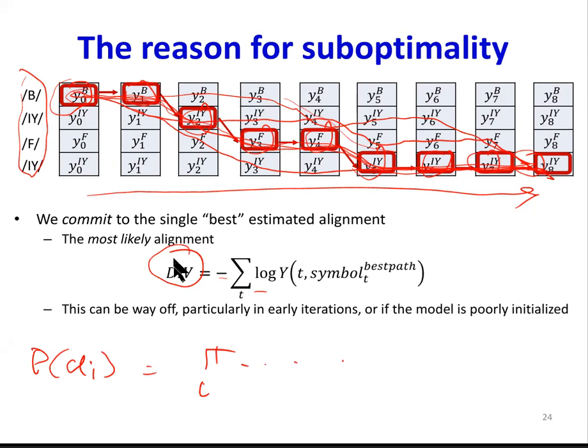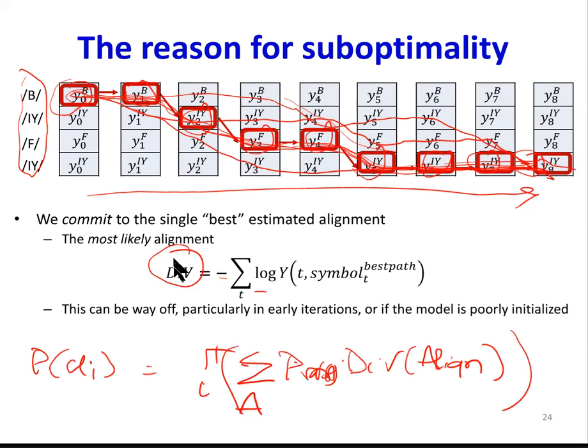So instead of considering just one alignment, let me do something. I will consider every possible alignment. And every possible alignment is going to give me a divergence for the alignment, right? But then I will multiply that by the probability of the alignment and sum over all alignments.